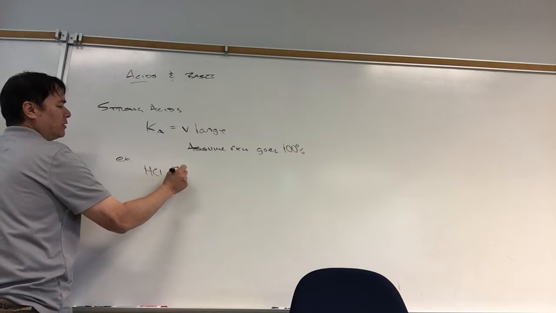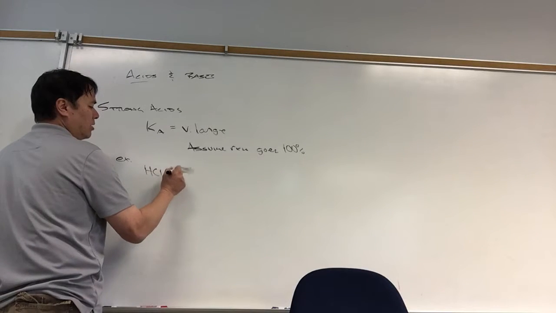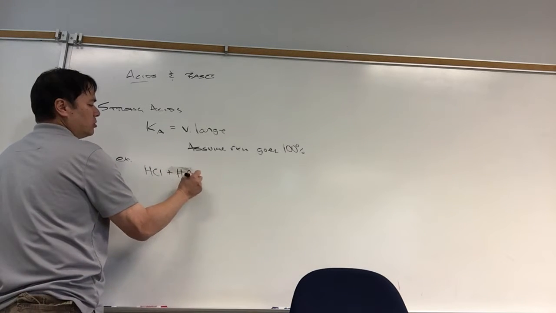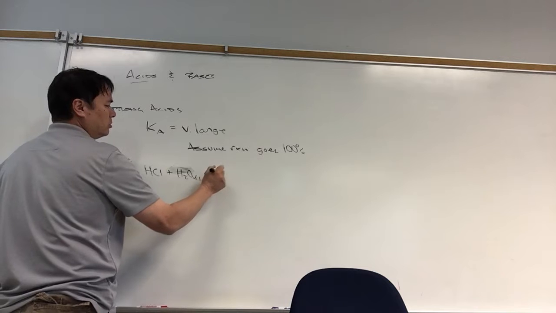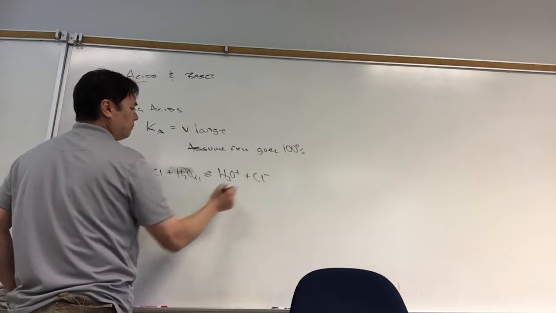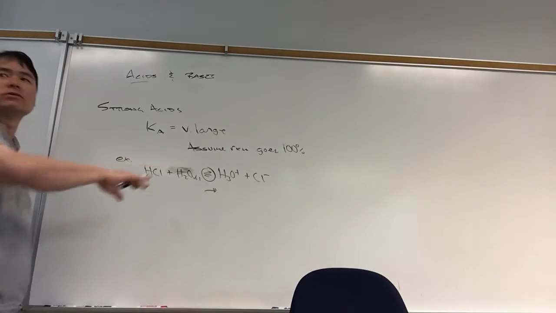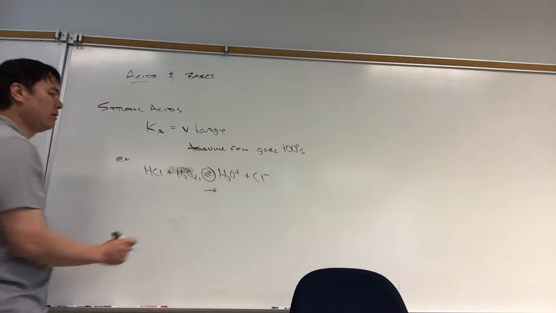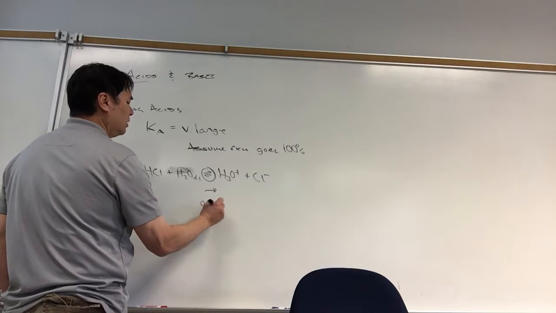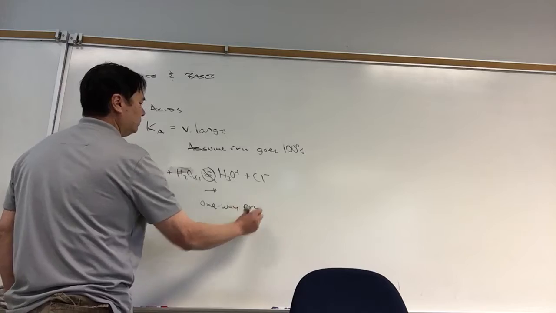HCl has a Ka that's very large, and so the reaction here in hydrolysis, H2O liquid, is going to go to H3O plus chloride. But for this, we'll just say it's 100% forward, so it just goes one way, a one-way reaction.